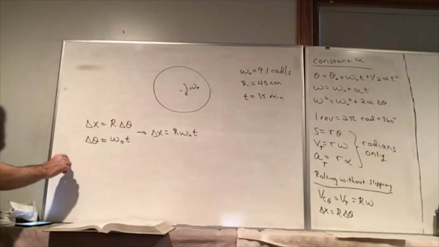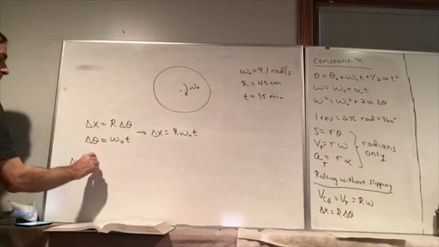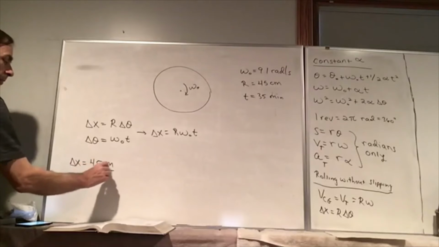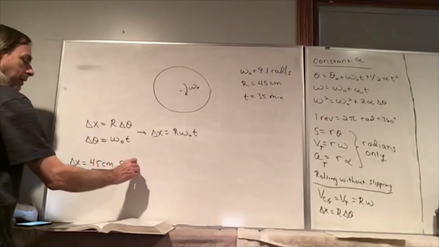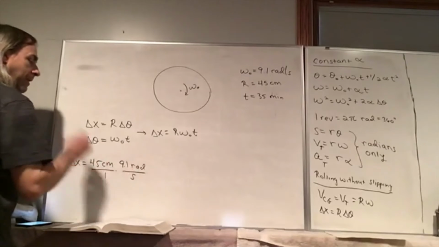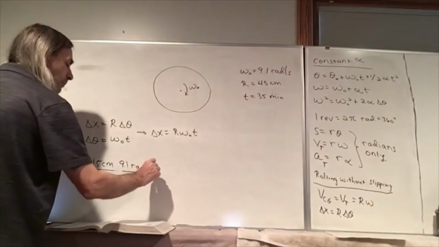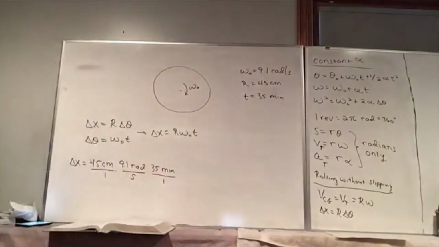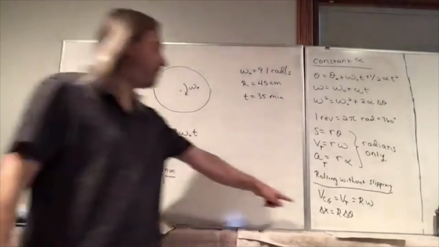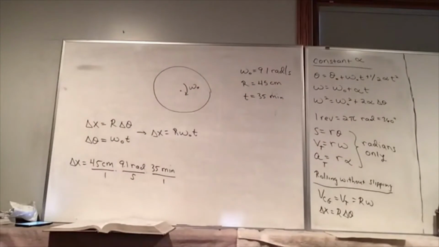So let's plug this in. So r is 45 centimeters. Omega naught is 9.1 radians per second. And t is 35 minutes. Now, again, remember this is based ultimately on that equation. It's kind of the same thing almost. And so this radian is implied.